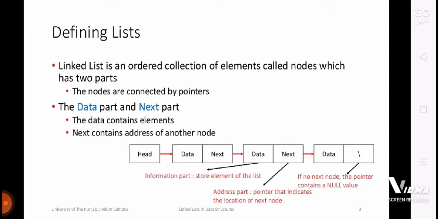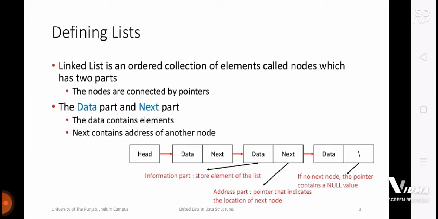Here you can see in the figure this is a list. There are three nodes in this list, and here head is a variable or a pointer which is pointing to the first node in the list. The data field contains data, and next will contain the address of the next node.